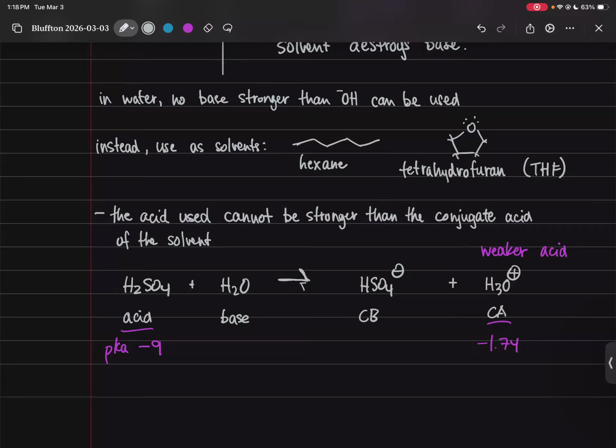Instead, we can only have the conjugate acid of the solvent, H3O plus, which only has a pKa of -1.74. So we only get one millionth of the acidity of sulfuric acid when you dilute it with water.